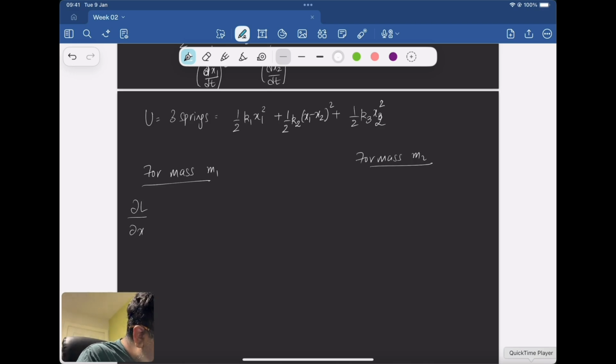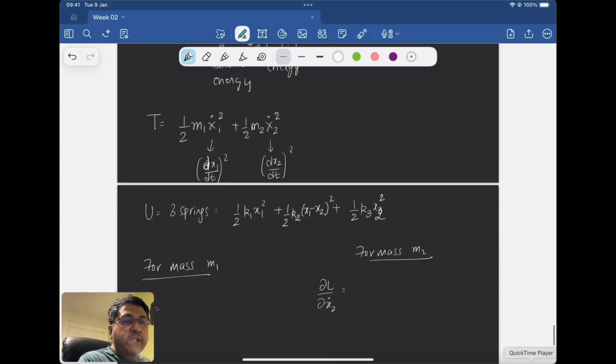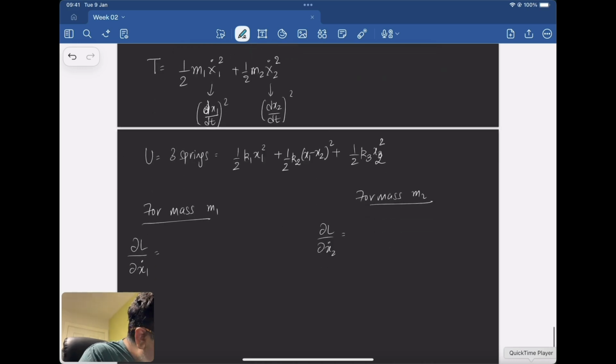So dou L by dou x1 dot. Similarly, I need dou L by dou x2 dot. x1 and x2 dots are essentially the velocity terms, and the velocity is only available in the kinetic energy terms, right? So I can easily write, this is probably the most simple one, m1 x1 dot and m2 x2 dot.